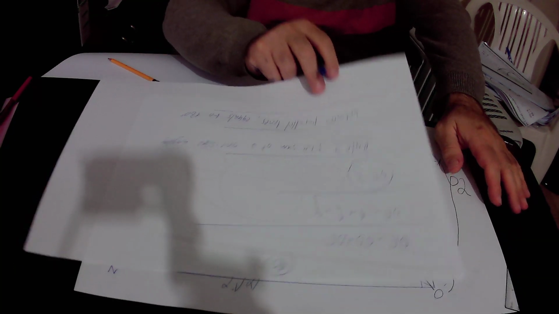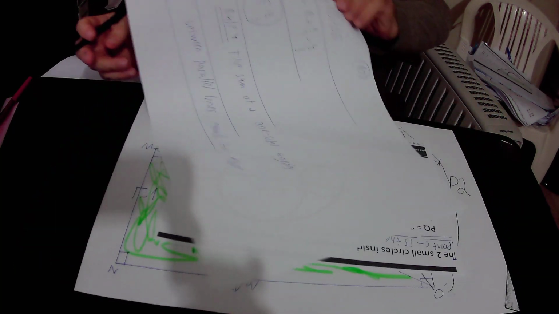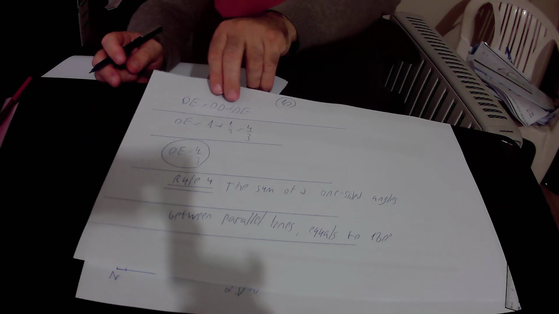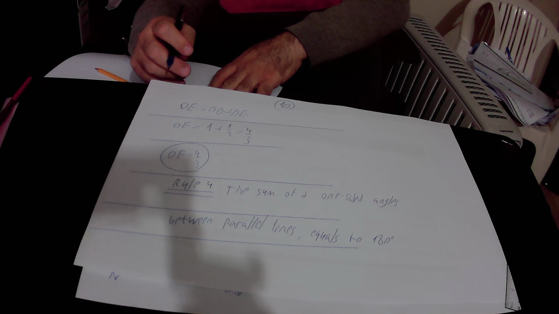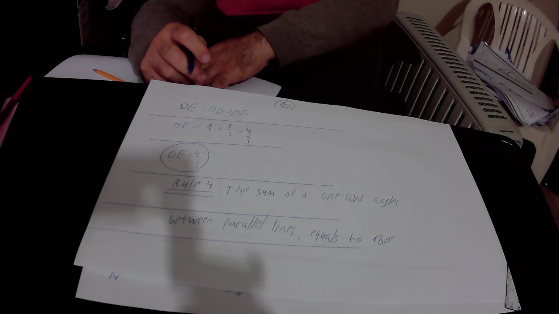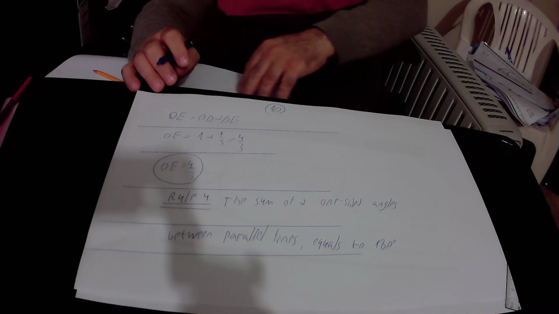I'll read rule number 4 again. According to rule number 4, the sum of two one-sided angles between parallel lines equals 180 degrees.